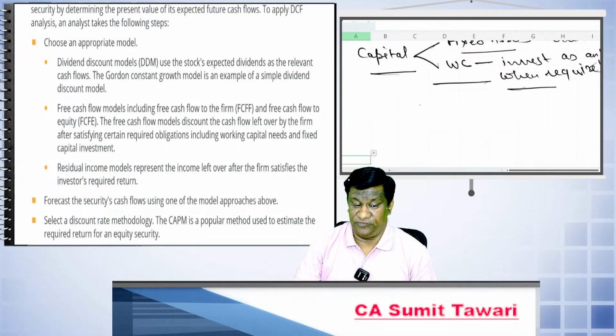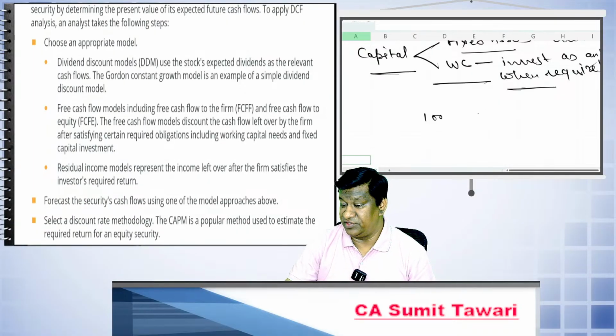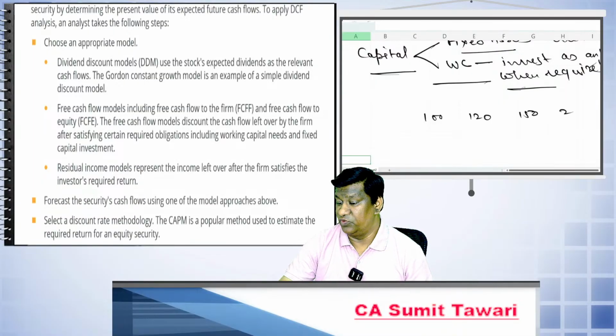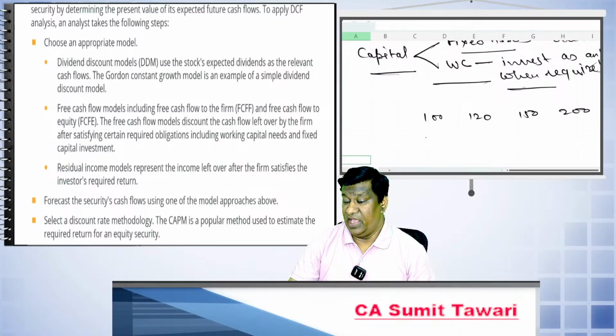Say every year sales are 100, 120, 150 and 200. Or instead of sales, it is basically the operating profit, sales minus all the costs, including depreciation.